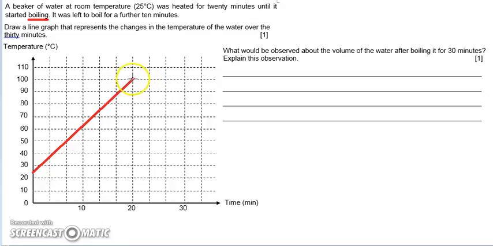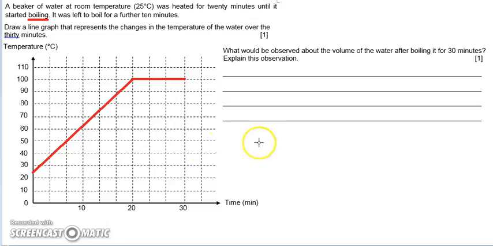So the temperature will remain at 100 degrees for the next 10 minutes. Okay? So we have drawn the line graph that represents the changes in the temperature of the water over 10 minutes, so it's from here to here. Okay? So that's the line.